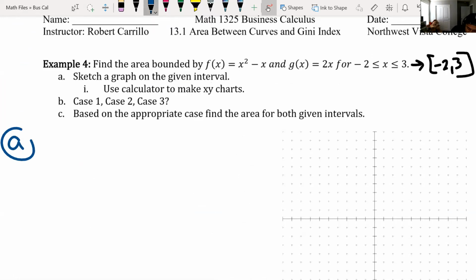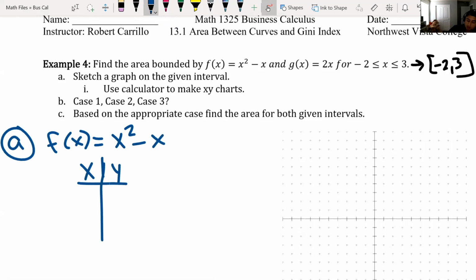This is A. So for f of x equals x squared minus x, my xy charts, they're giving us the numbers to pick, -2 to 3. So -2, -1, 0, 1, 2, 3. Let's plug those in.